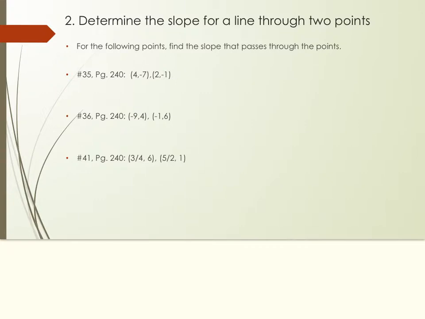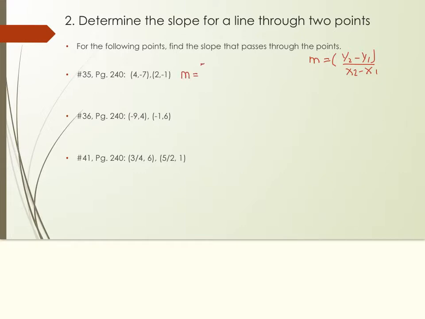Now we want to determine the slope for a line through 2 points. So we recall that our formula for slope, again, is m is equal to y2 minus y1 divided by x2 minus x1. And so we'll apply the slope here for this function.